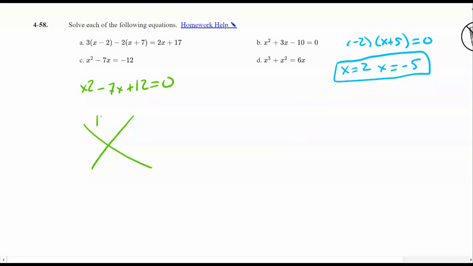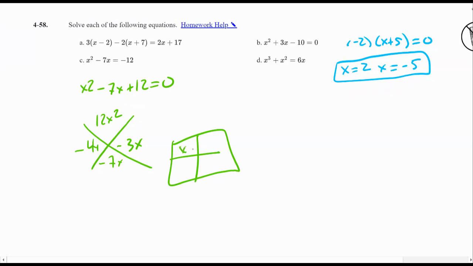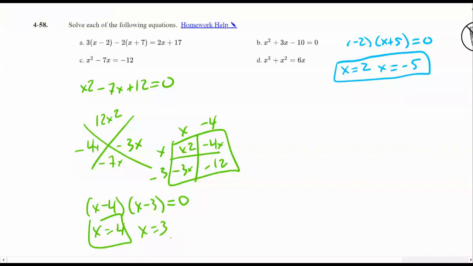I'm going to factor, and looks like I'm going to get a nice pretty factor on this one too, of x minus 4 and x minus 3. So my two solutions are going to be x equals 4 and x equals 3. And again, remember, I got one solution for the first one and two solutions for B and C because I was dealing with the x squareds.